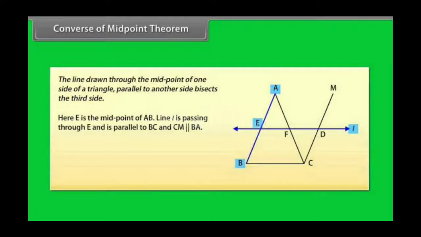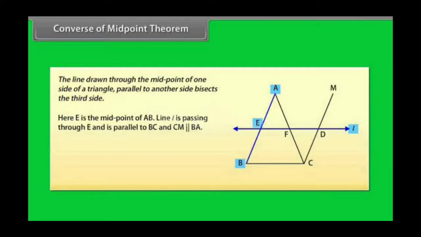By the converse of this theorem, the line L divides the third side into two equal parts; that means L bisects the third side. For any triangle, the line passing through the midpoint of one side and parallel to another side bisects the third side.